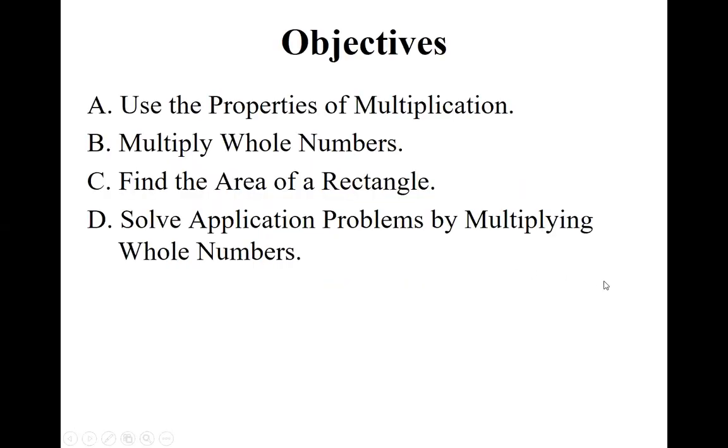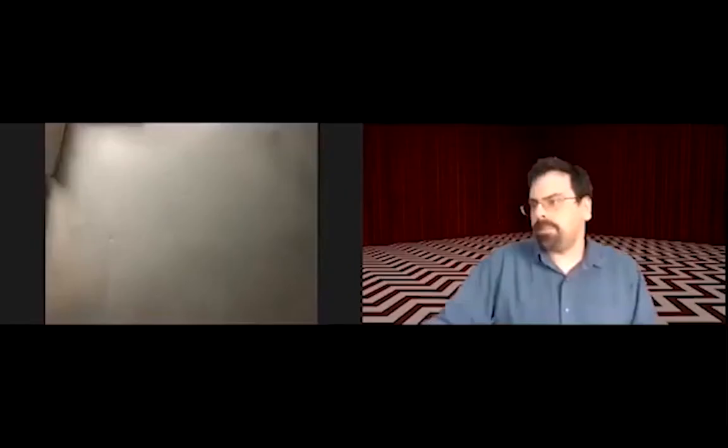The topic is multiplying whole numbers and area. The objectives in this topic are use the properties of multiplication, multiply whole numbers, find the area of a rectangle, and solve application problems by multiplying whole numbers.